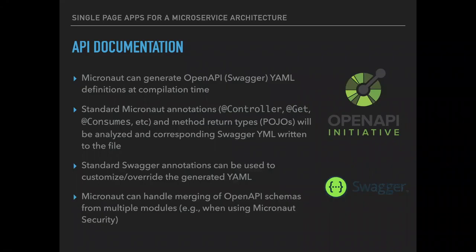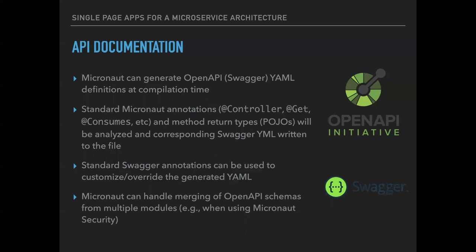And so there's a number of tools out there to standardize API documentation, and a popular standard is OpenAPI, and one popular implementation of OpenAPI is Swagger. And some of you may be familiar with Swagger. It essentially lets you generate YAML files that specify the requirements and the return types and such of your API.